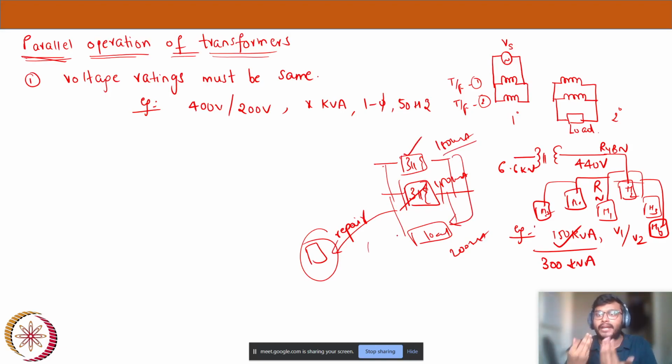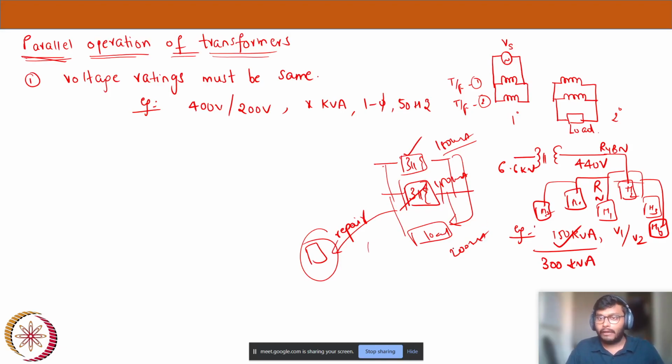It may not be 100% sufficient for my load, but at least out of 10 houses I can supply 8 of my houses without any power interruption. Maybe I can change sometimes to 8 houses, sometimes to the last 5 houses. Like that I can manage. At least I am not cutting the entire supply.